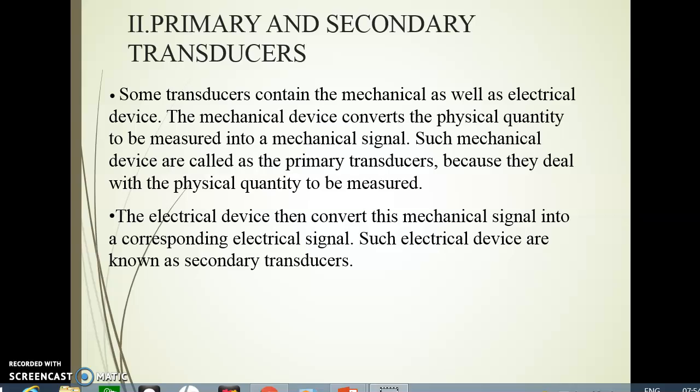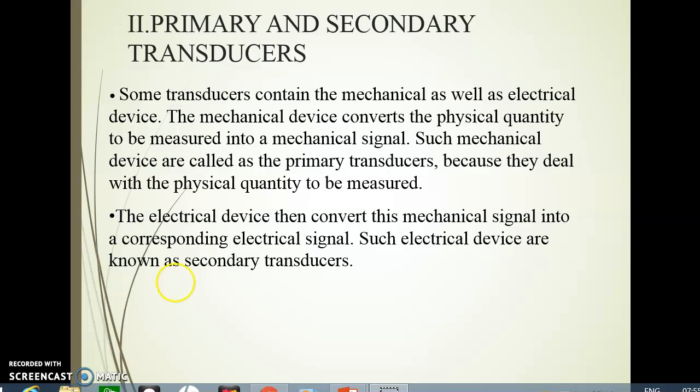That mechanical signal is then given as input to an electrical transducer, that is, the secondary transducer. Then that mechanical signal is converted into an electrical signal.